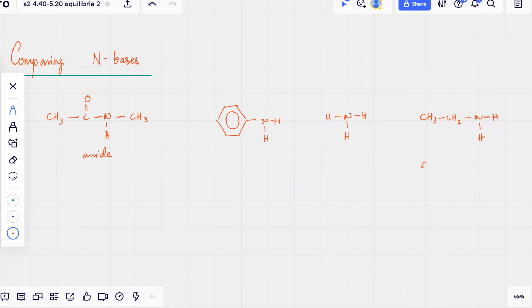So that's your alkyl amine. This one is a phenyl amine. It's a benzene with an amine. And the middle one is your ammonia.